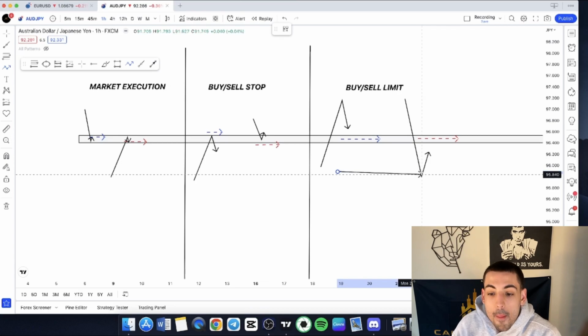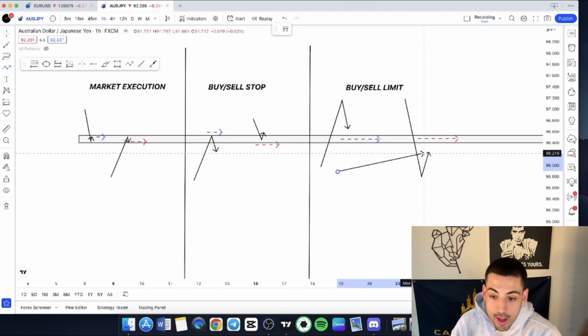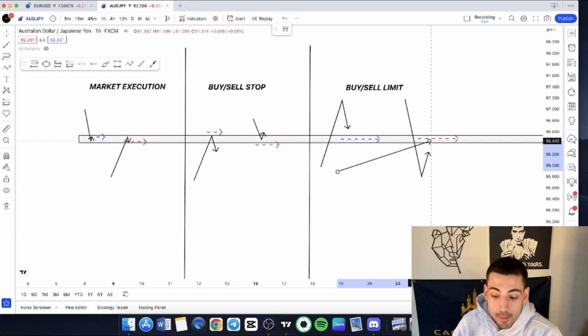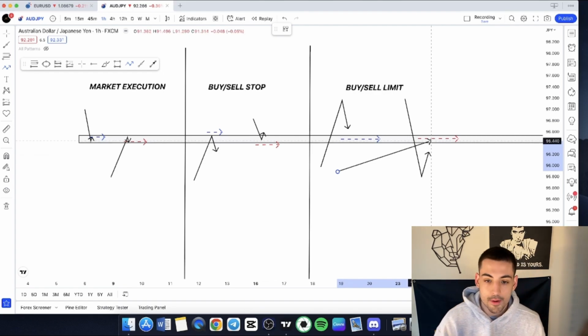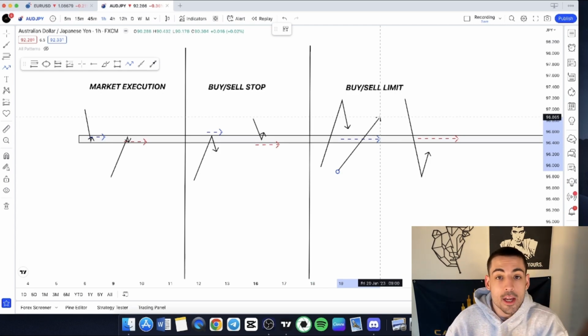But when we come back to this significant horizontal level, let's say we have a sell limit placed there. That's basically saying price is waiting to come up to this level before we continue towards the downside. So a buy or sell limit is waiting for price to come back to the significant price point before actually getting entered into that buy or sell.